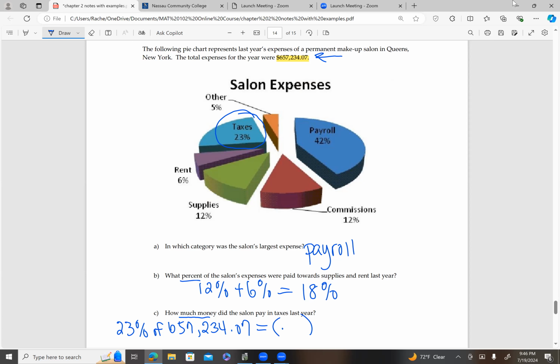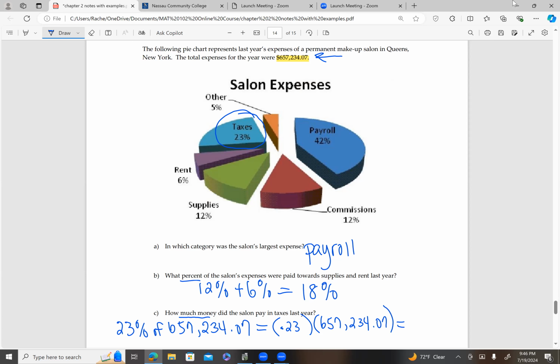So we're going to take 0.23, and think of "of" as meaning multiplication. So 23% of the $657,234.07. We're going to multiply that 0.23 by the total, which is $657,234.07.